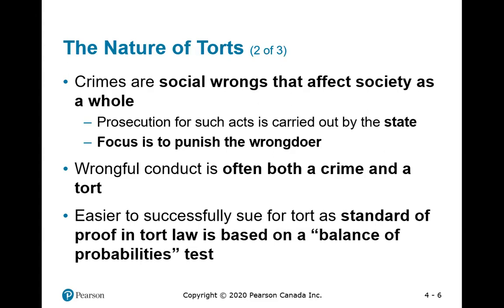A tort is whenever someone acts wrongfully and causes harm to others. A criminal offense is also a social wrong, but it is a social wrong that affects society as a whole. The government is out there, theoretically, to protect us from criminals, from criminal offenses.